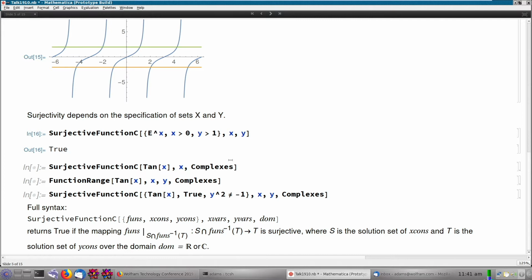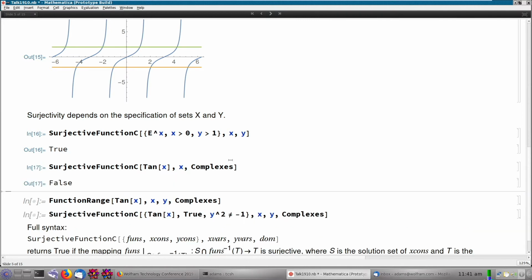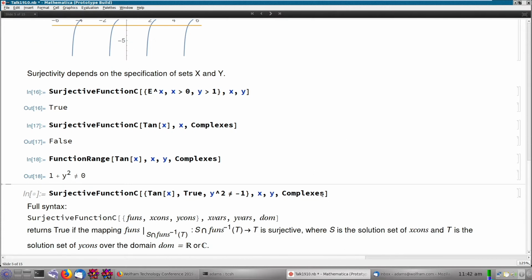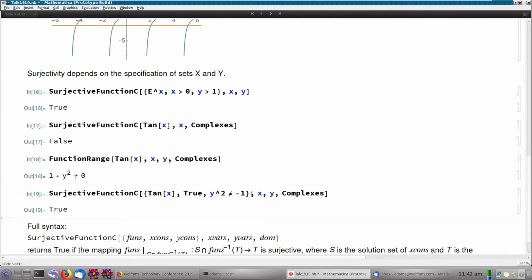And on the other hand, if we look at tangent over the complexes, then it's not a surjective function, because we can check it with FunctionRange. I and minus I are not in the range of the function tangent. So now if we restrict ourselves to the set without this I and minus I, then tangent is surjective.